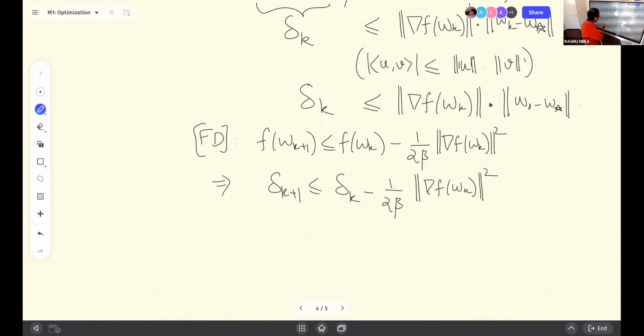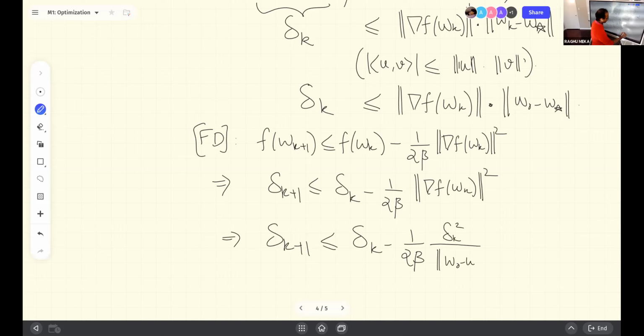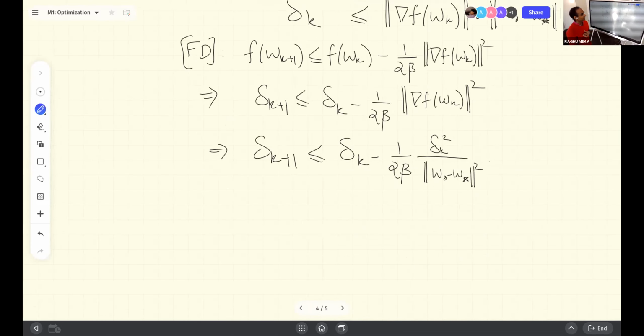So this tells me that delta k plus 1 is less than or equal to delta k minus 1 over 2 beta times, okay, kind of mysterious, but it's saying basically if you're far from the global optimum, then you make more progress.